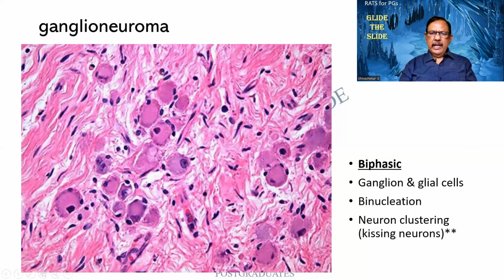Here I am finding a biphasic population. I am finding the ganglion cells and the glial cells. Sometimes there can be binucleation and neuron clustering. I find that they are all clustered together in one. So also these bundles, which are called kissing neurons.